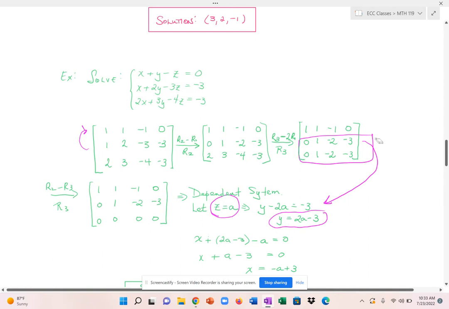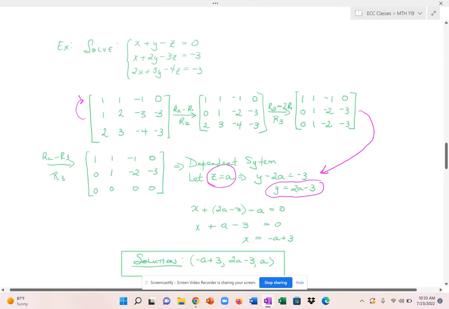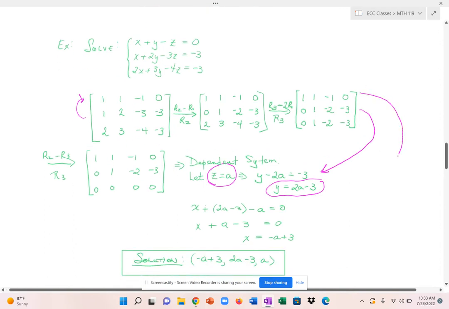So in other words, your solutions are going to be expressed in terms of a variable because there's infinitely many of them. And now that I know that z is a and y is 2a minus 3, I'm going to plug those in right in here and solve for x.